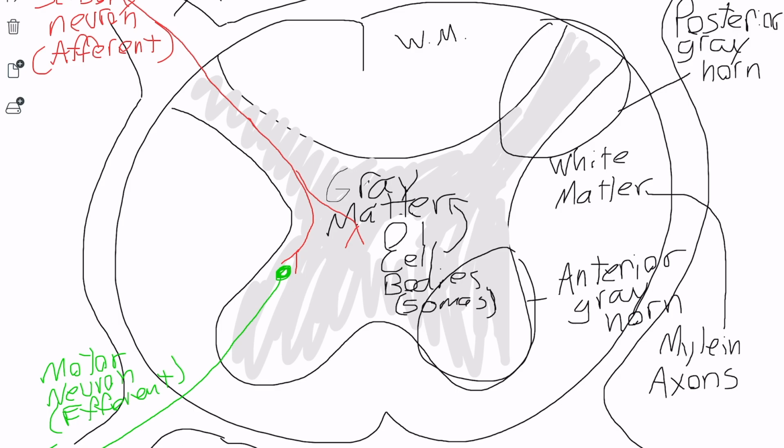Now you might notice here that I drew a split. Oh, yes. Before we go on to that, you should know that this is called the ventral root. Ventral, V-E-N-T-R-A-L. And of course we have two of those as well on either side.